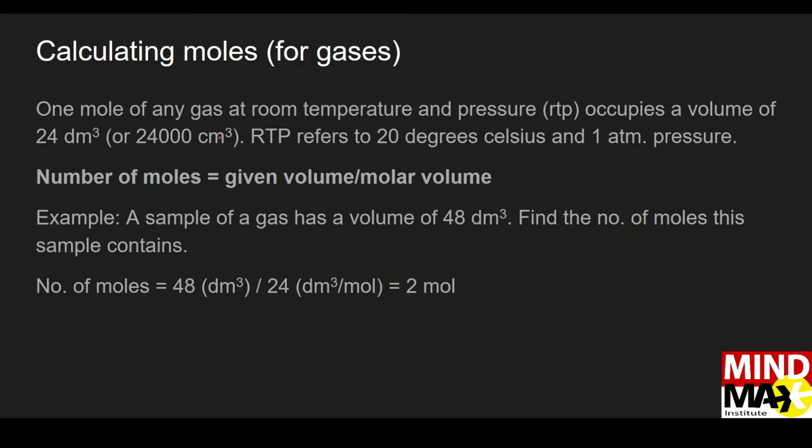So 1 mole of any gas at room temperature and pressure occupies a volume of 24 dm cube or 24,000 cm cube. What does room temperature and pressure mean? It refers to 20 degrees Celsius temperature and 1 atm pressure. So 1 mole of any gas at room temperature and pressure will always occupy this much volume.